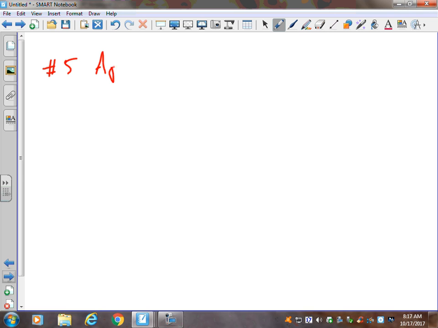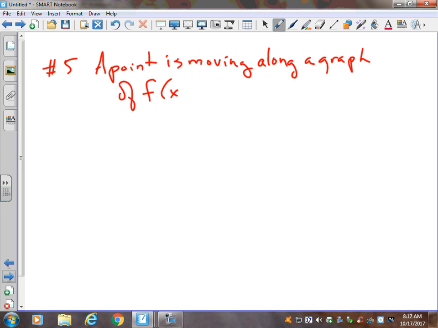It says a point is moving, I'm getting tangled up in that cord, along a graph of f of x such that dx over dt is 2 centimeters a second.